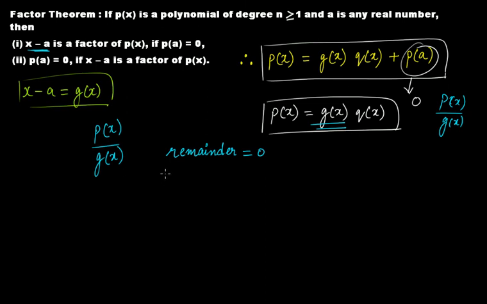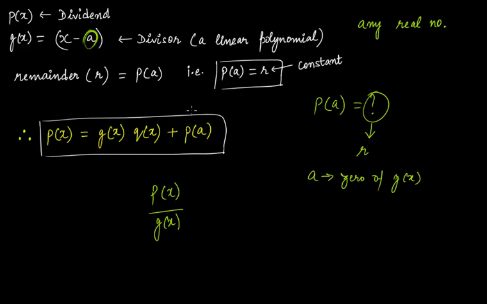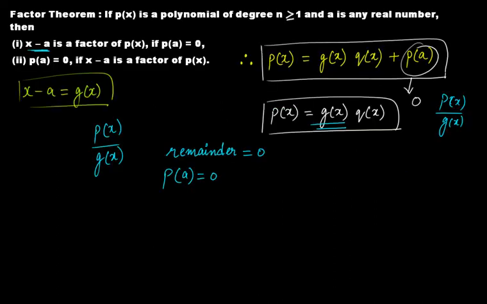This one, right? So your pa is equal to 0, because we discussed here that when your divisor is a linear polynomial of the form x minus a, then this remainder is actually given by pa. That's why this second one, that pa is equal to 0 if x minus a is a factor of px, is correct, right? Both these two are quite related to each other.